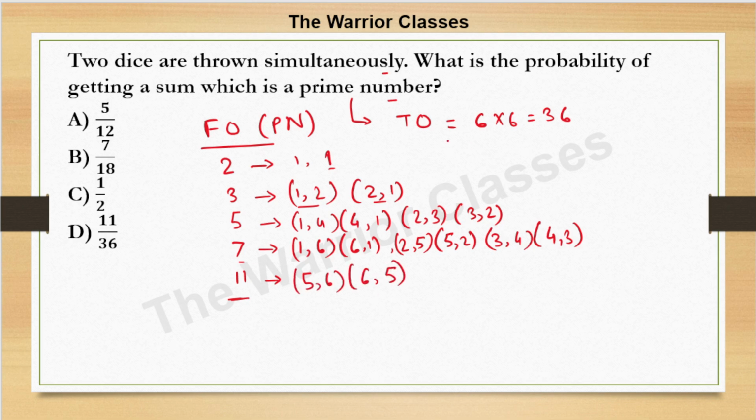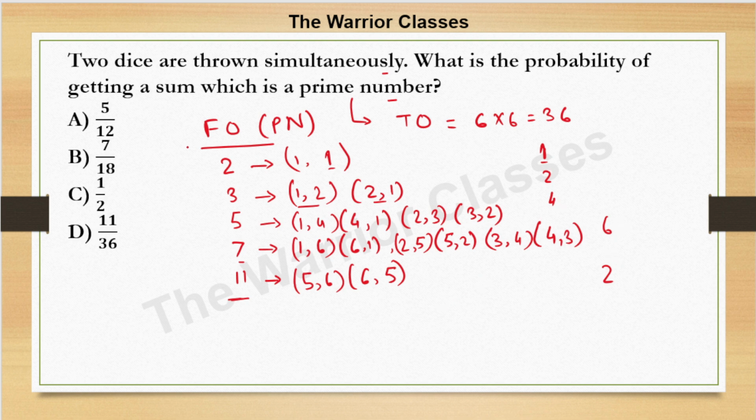Now the total ways. Here only one way, and here it is 2 ways, and here it is 4 ways, and here 1, 2, 3, 4, 5, 6, it is 6 ways, and the last is 2 ways. So total favorable ways is 1 and 2, 3, 4, 7, 7 and 6, 13 and 2, 15.